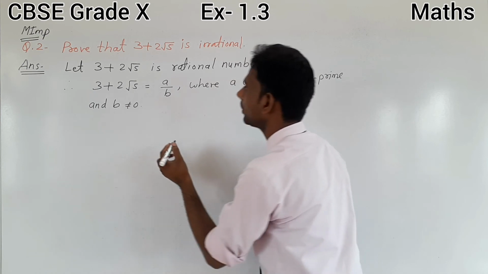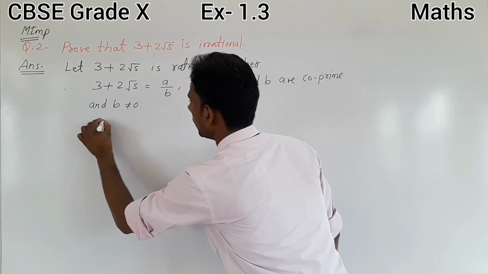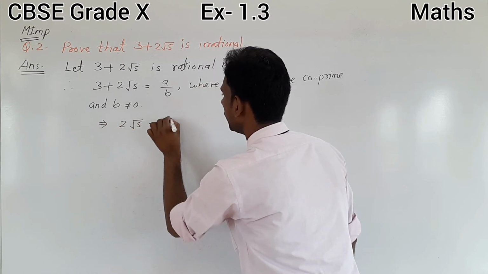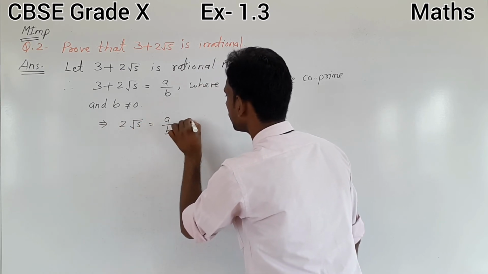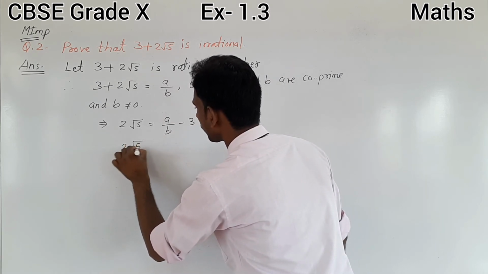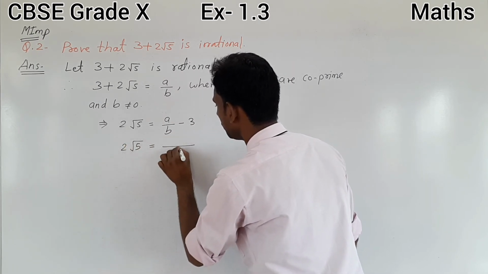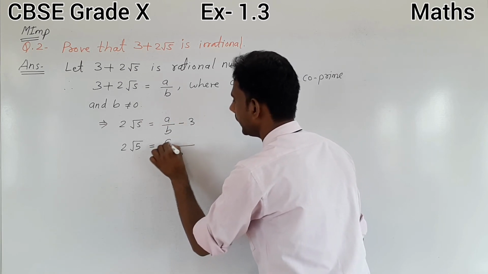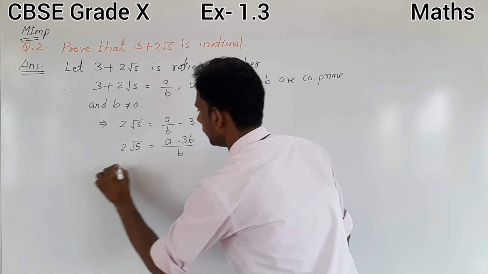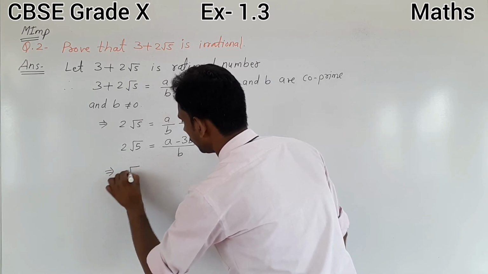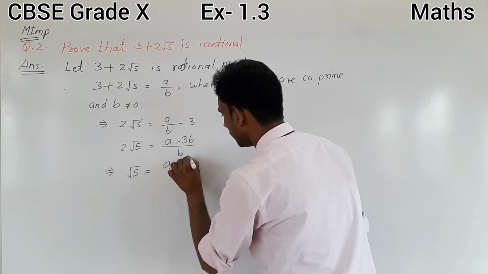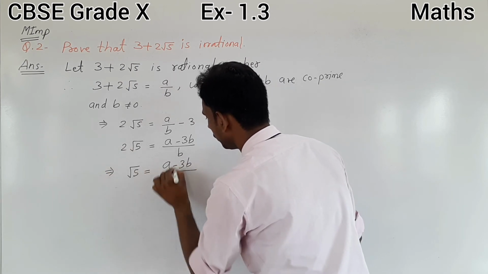Now this implies that 2 root 5 equals a by b minus 3. Taking LCM as b, 2 root 5 equals a minus 3b upon b. This will imply that root 5 equals a minus 3b upon 2b.